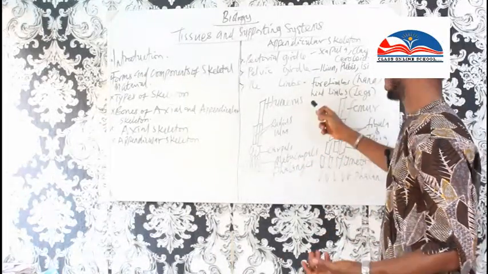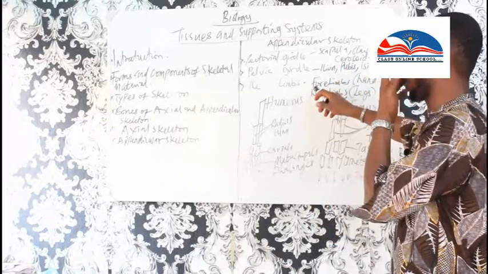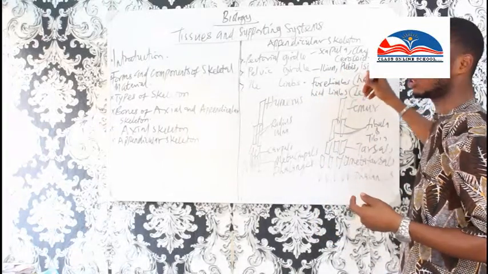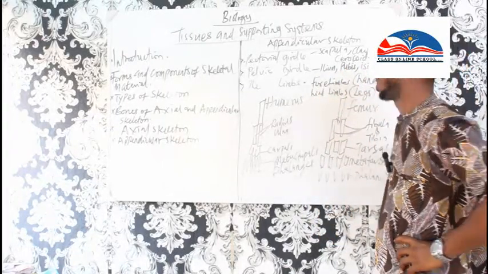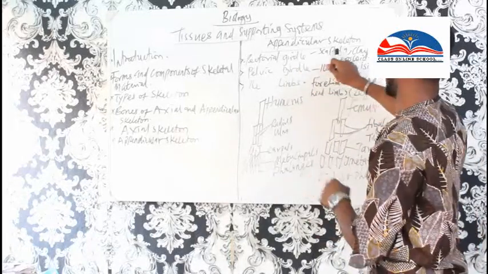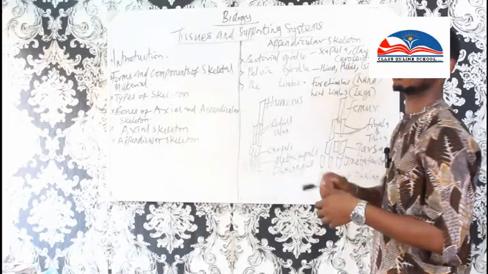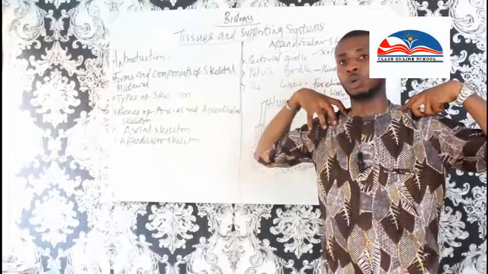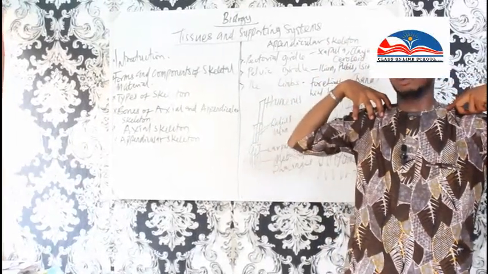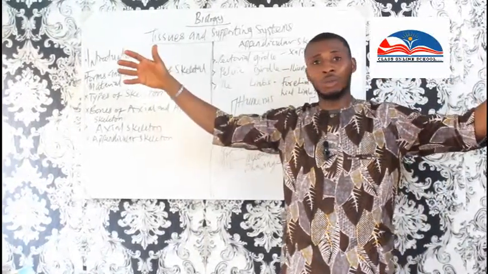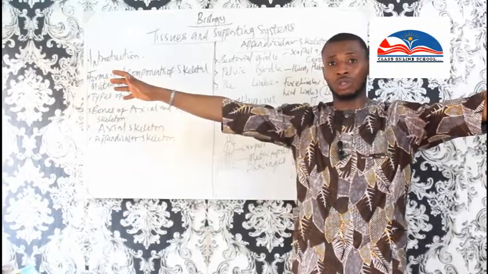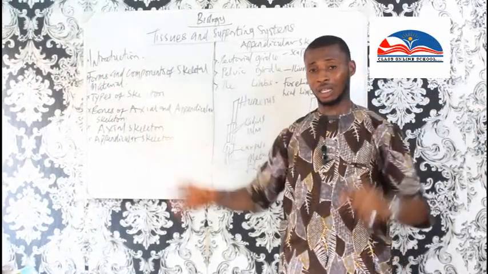Now, there is the pelvic girdle, the pubis and the ischium, remember, the waist. Now, we have the pectoral girdle, the scapula, the clavicle, and the coracoid, which is for the shoulder. I have almost given you all the bones that are in the body.